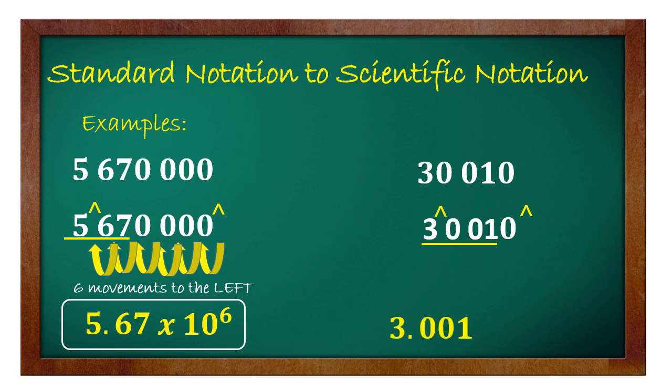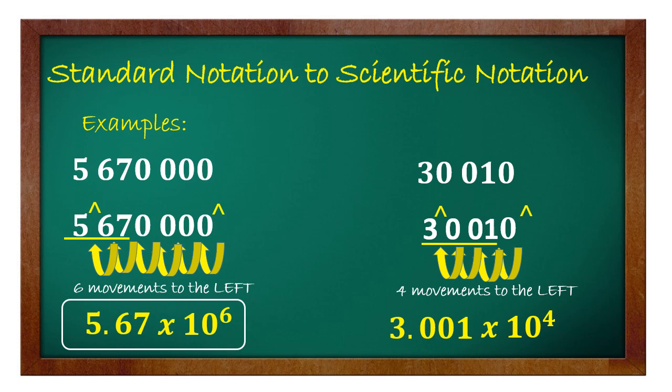So, ibig sabihin, ang value ng A natin will become 3.001. So, mula dun sa original na decimal point natin, papunta dun sa decimal point ng significant figures natin, bibilangin natin. So, we have 1, 2, 3, 4. So, there are 4 movements to the left. Ibig sabihin, ang B natin is positive 4. So, that is times 10 raised to positive 4. So, we have a scientific notation of 3.001 times 10 raised to 4.